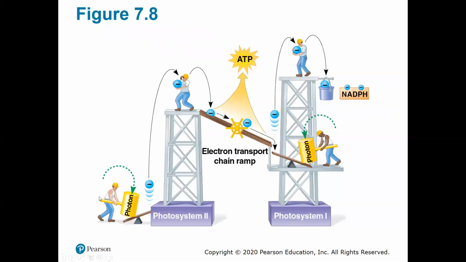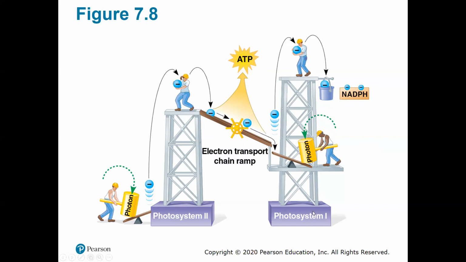So in photosystem 2, energy is going to be given in the form of sunlight, and it's going to be transferred to the electron. This is supposed to demonstrate how the energy is transferred and the electron gets knocked from the ground state to an excited state. And then as this is the electron acceptor, they're going to pass that electron down the electron transport chain, which will create ATP.